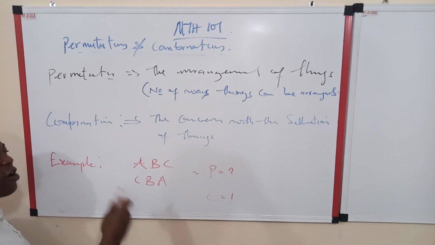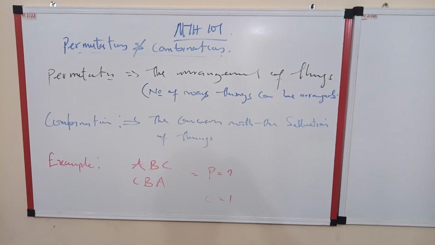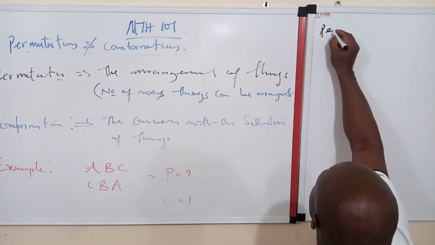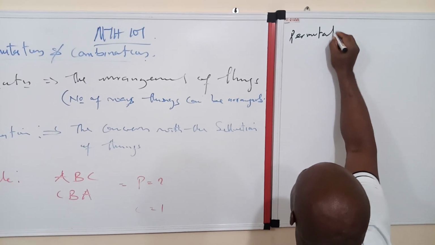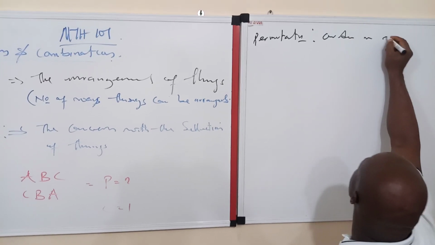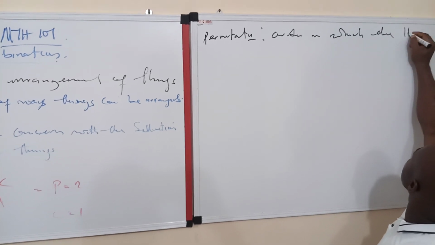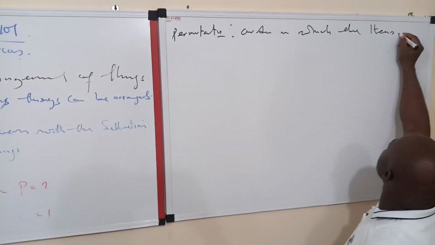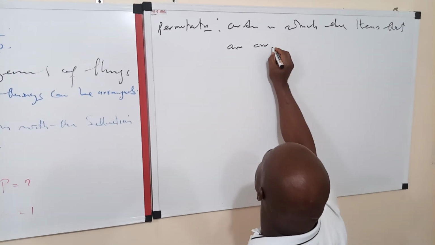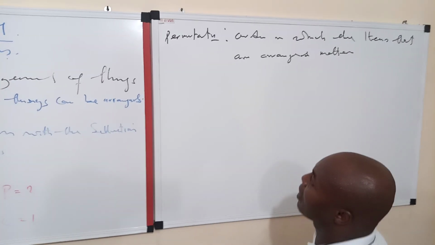So for permutation, the order in which the items are arranged matters.